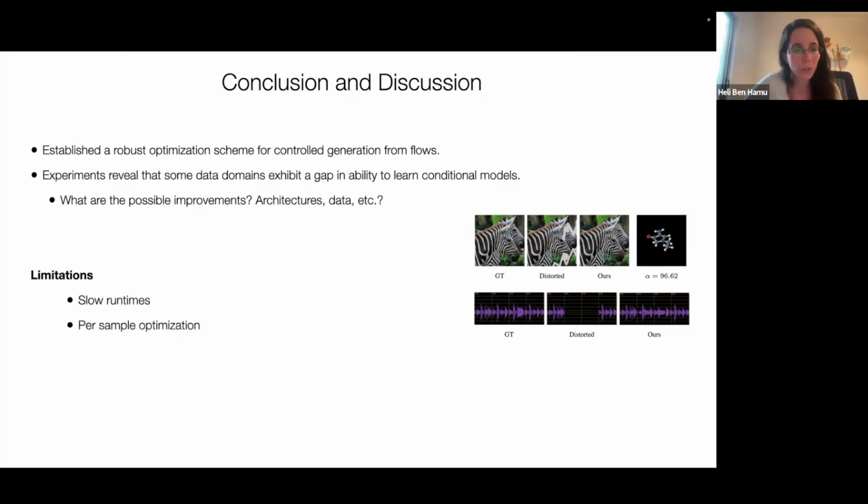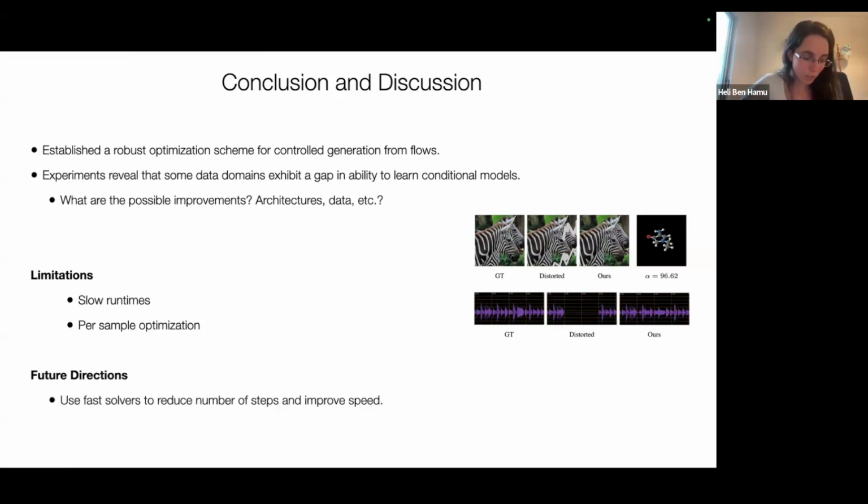And we do a per sample optimization. And if it's costly, then it is a disadvantage in a sense. Interesting future directions for improving this would be to maybe use faster solvers to reduce the number of steps and improve the speed of our optimization.